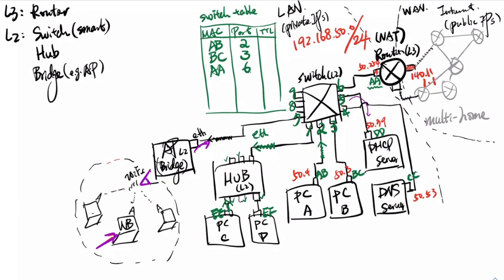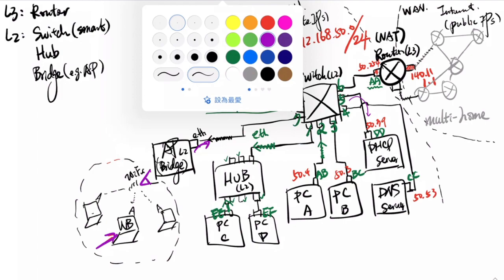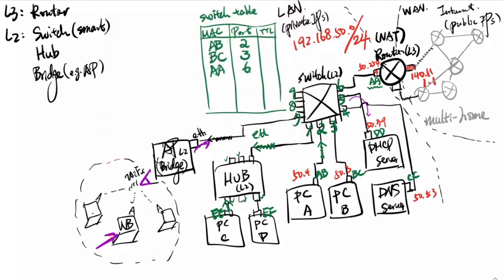So basically, the laptop right here can still get an IP address from the DHCP server, no matter that it uses a Wi-Fi network interface card at the left-hand side. It really doesn't matter because a layer 2 device is transparent, so the packet can be forwarded to the entire subnet.